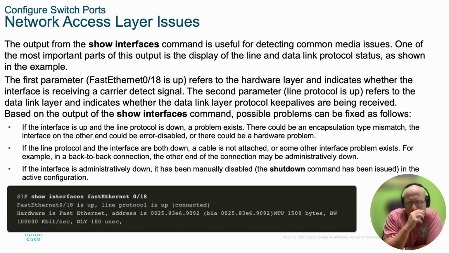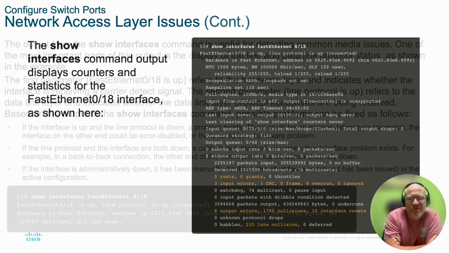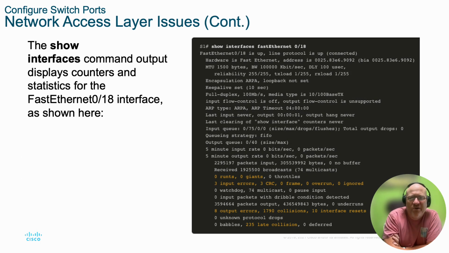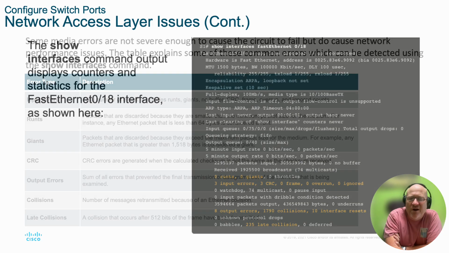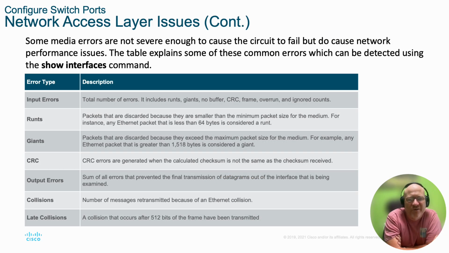So I have talked to this slide before, and it is about understanding, is there a physical connection? And you can also then see the type of traffic that's going through. Is everything behaving as we would expect? Is it dropping anything? Are there collisions?